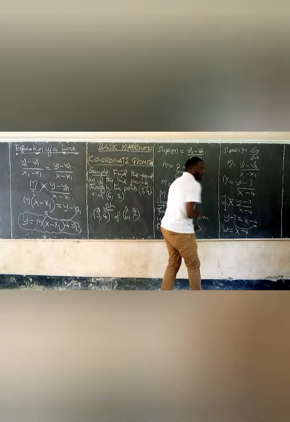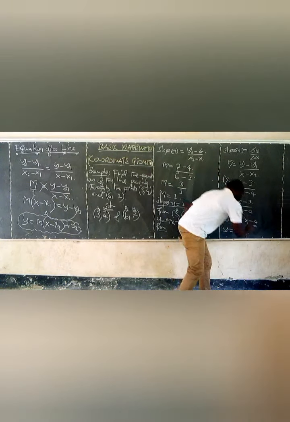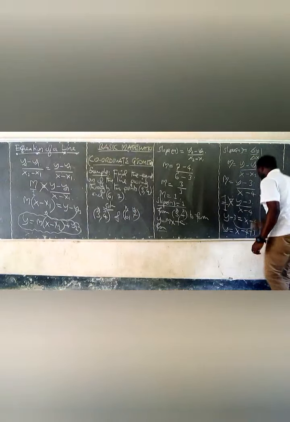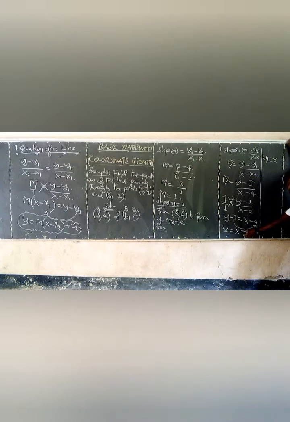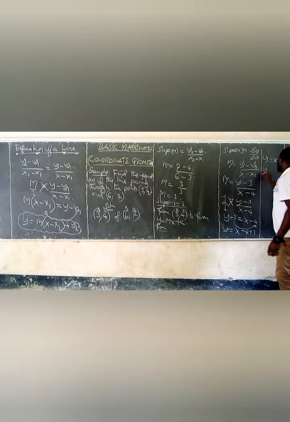Remember, this is negative, and after crossing the equal sign it becomes positive, so I add the 3 here. So we get y equal to x, then minus 4 plus 3, which gives negative 1. So y is equal to x minus 1.